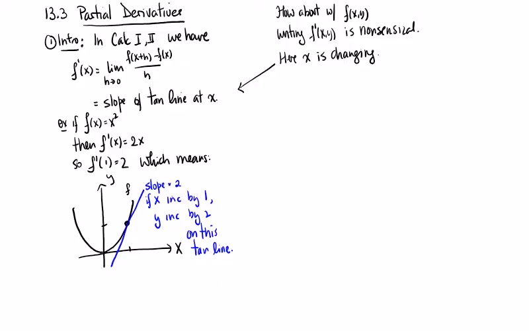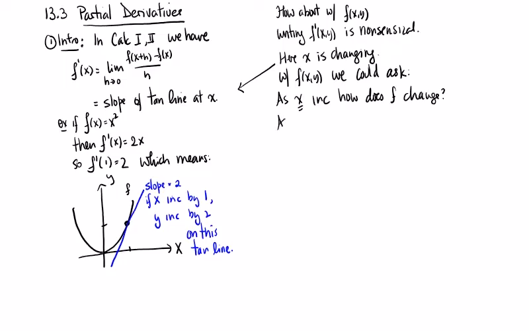So with a function like f of x, y, we can ask 2 questions. We could say, as x increases, how does f change? Or we could say, as y increases, how does f change?